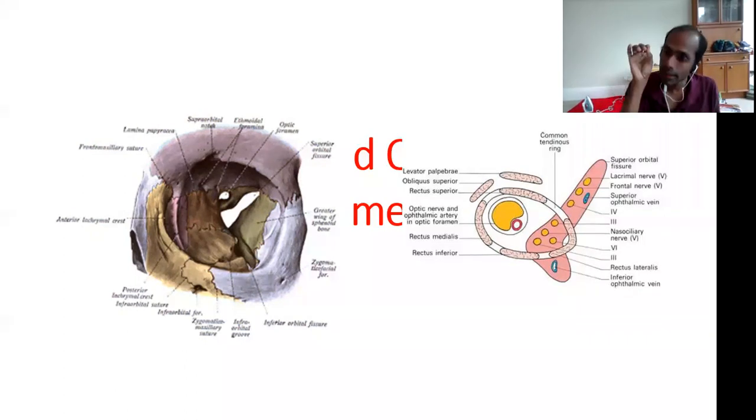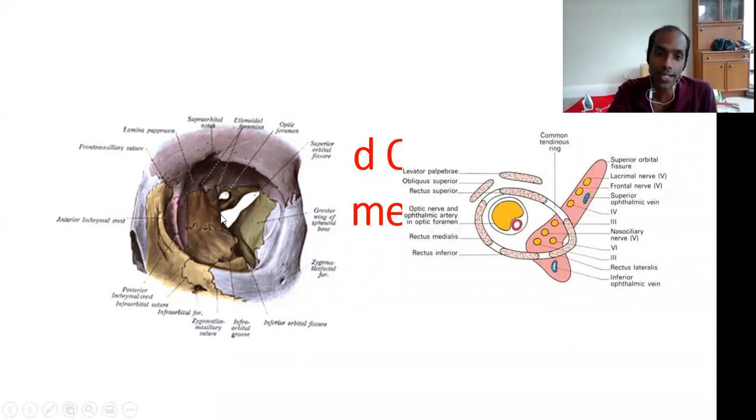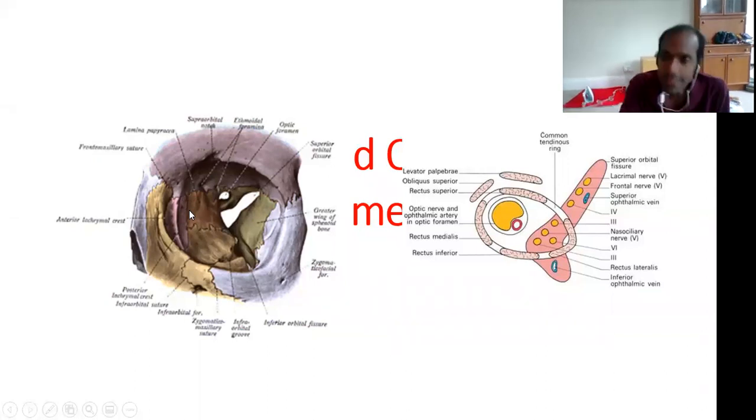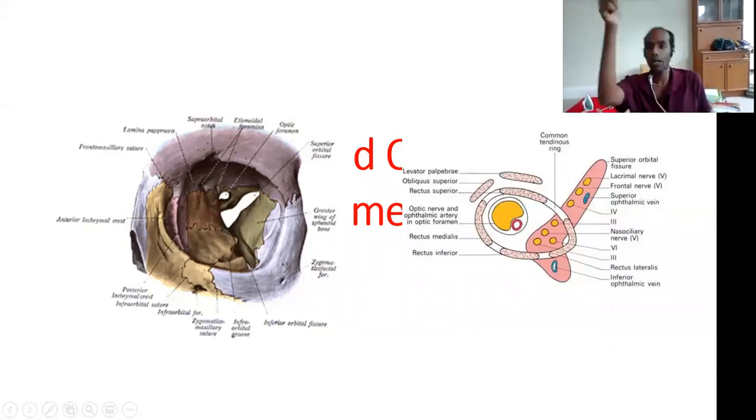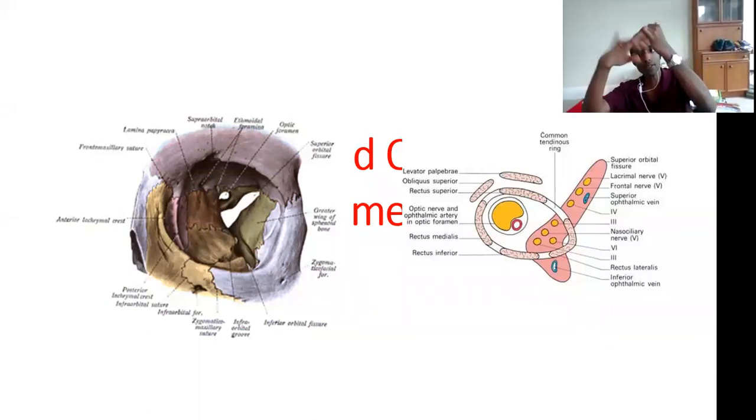Finally, the third nerve goes through or very close to the orbital apex, that is somewhere here. In the orbital apex, what are the nerves which are close together? Third, fourth, sixth, because they are still going into the ocular muscles. The trigeminal nerve has gone away.